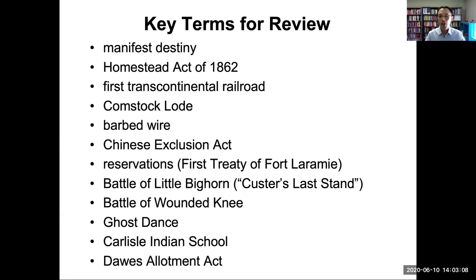Okay, and finally, here are some of the key terms for you to review as you go over this chapter again.